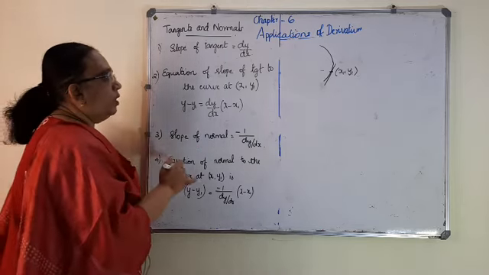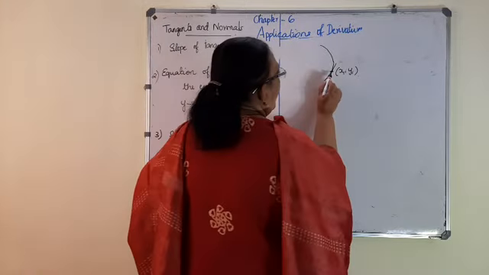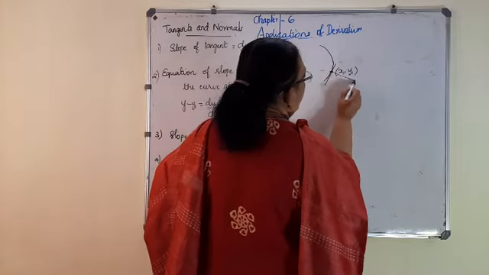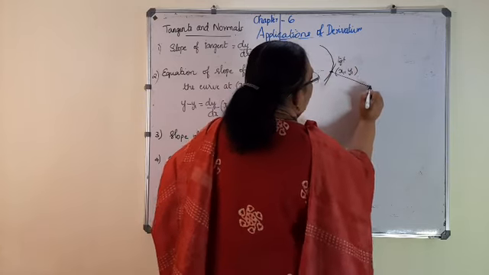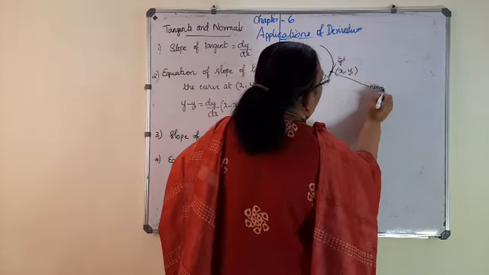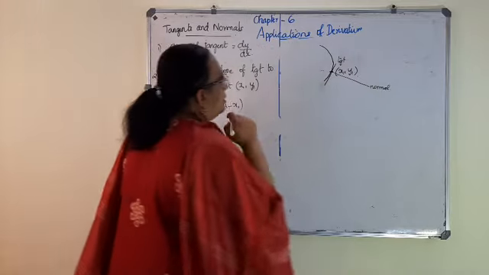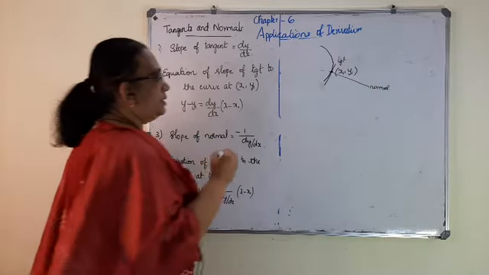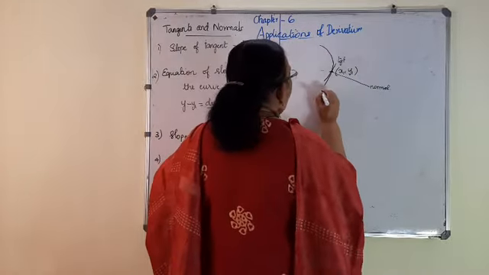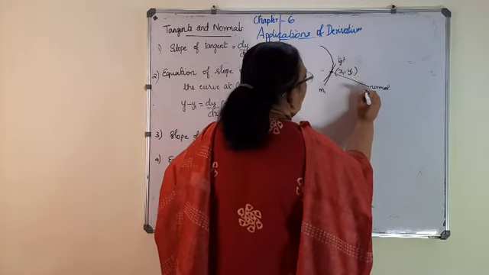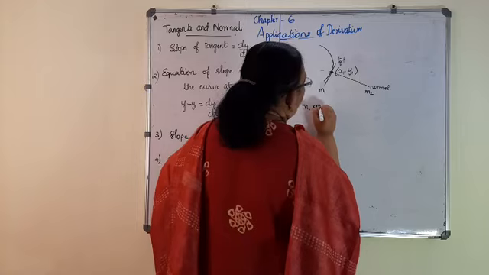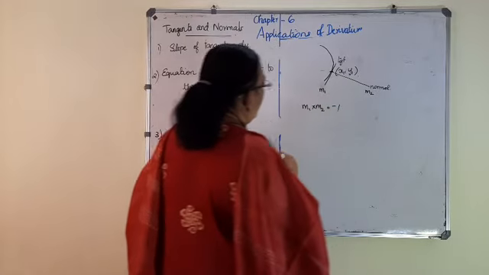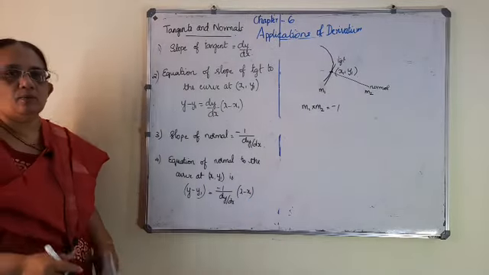Now, what is normal? Normal is a line perpendicular to the tangent. This is tangent. This is the normal. Since they are perpendicular to each other, if the slope of the tangent is m1 and slope of the normal is m2, we know that m1 into m2 is equal to minus 1. Product of the slopes is equal to minus 1.